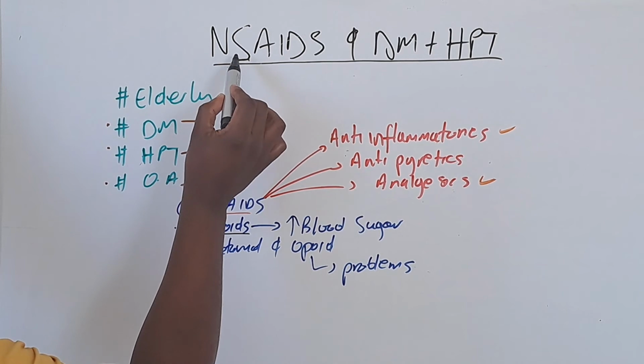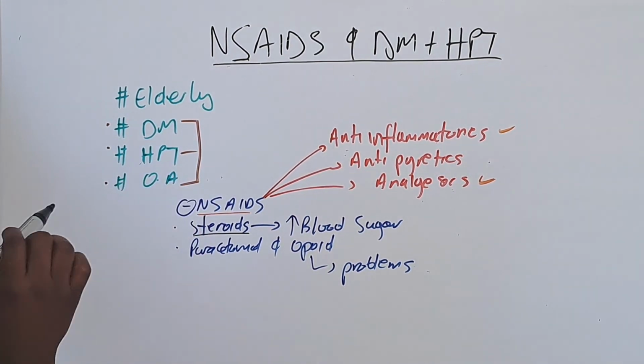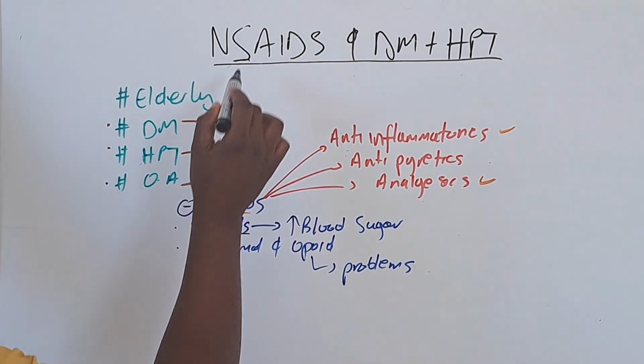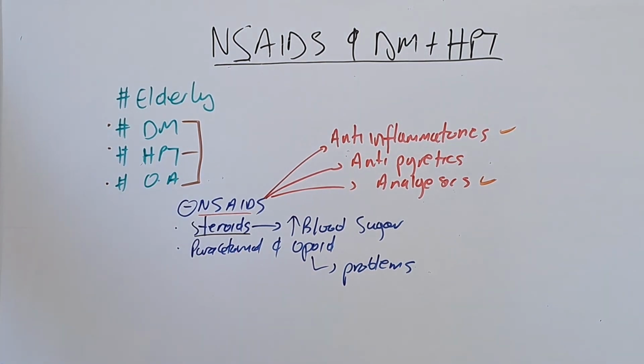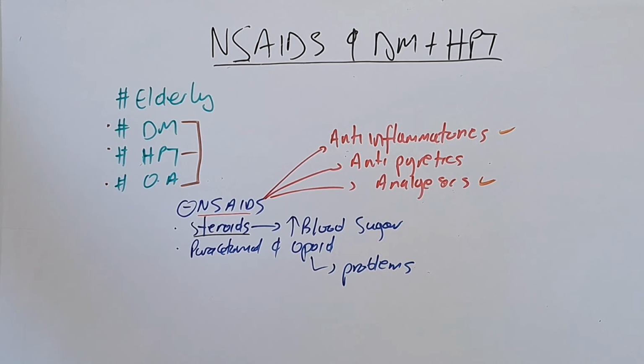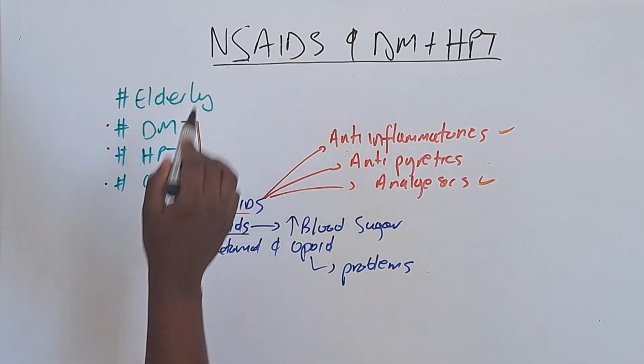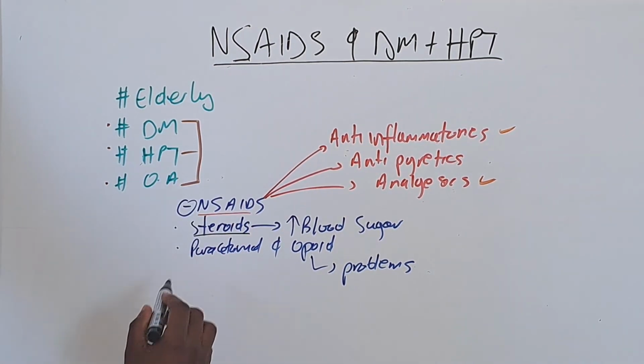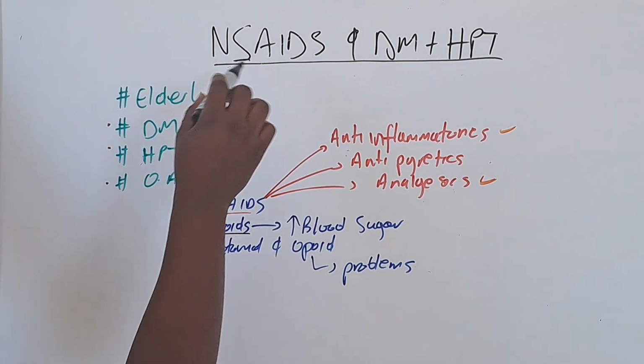So these ones are non-steroidal. They are still potent anti-inflammatories without the steroids. Like I'm saying, steroids are very potent anti-inflammatories, and these ones are good anti-inflammatories without the help of steroids. They don't have steroids in them.